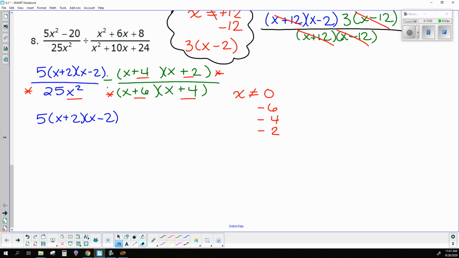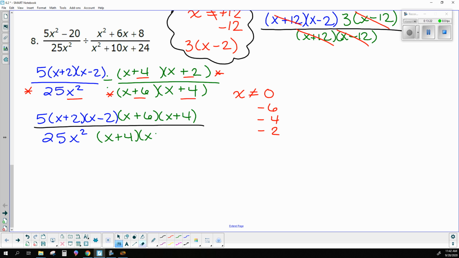We reciprocate so that the denominator becomes a numerator, and the numerator becomes a denominator. Now we find things that neutralize. We have an x plus 4. We have an x plus 2.